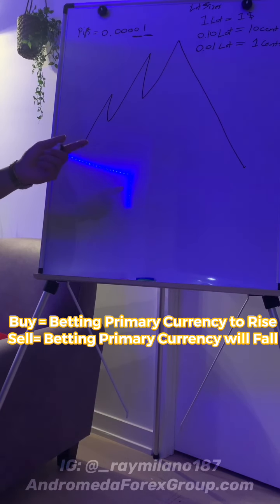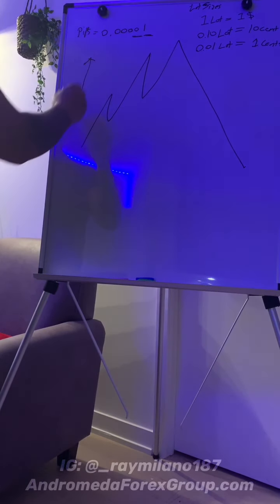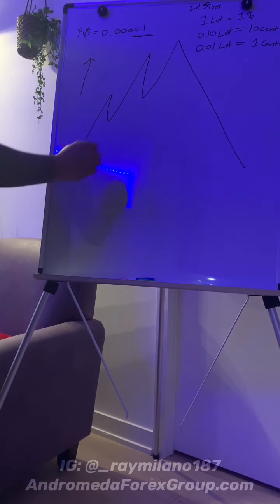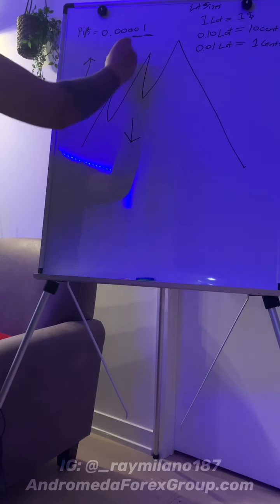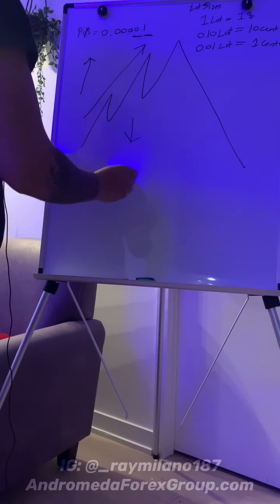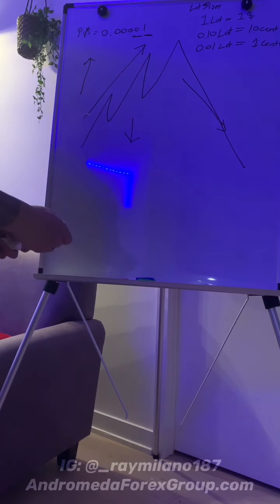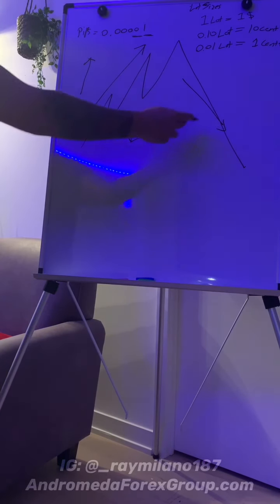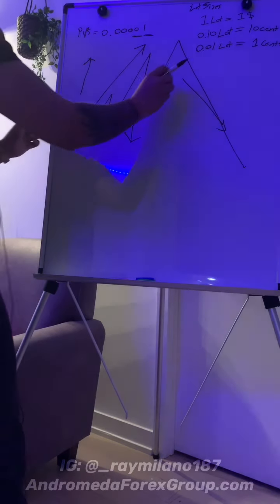And based on that, the price will either go up on the graph or it will go down. Here you can see that it's going up, so this means that the primary currency is going up against the counter currency. And in this case, the primary currency is going down against the counter currency.